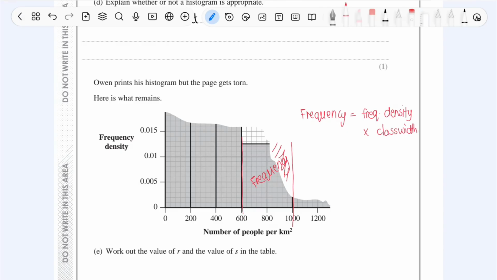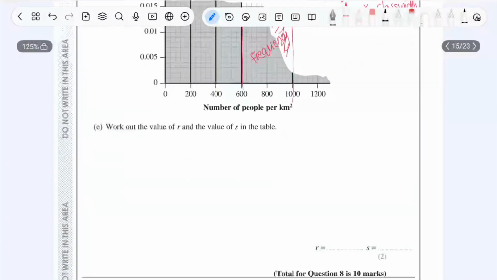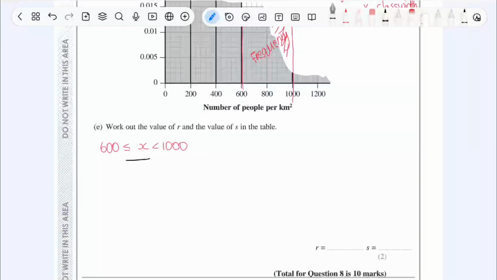So, what is the actual class width here? The class width we've found is 600 to 1000. So if we write this out, 600 to 1000, then we can say that the class width is 400.